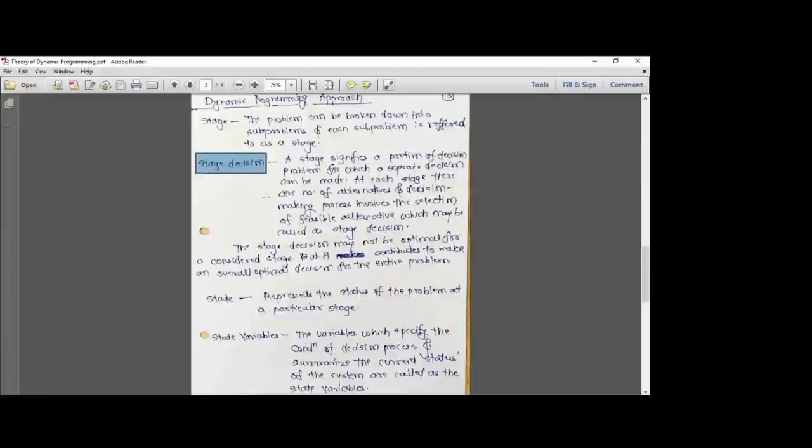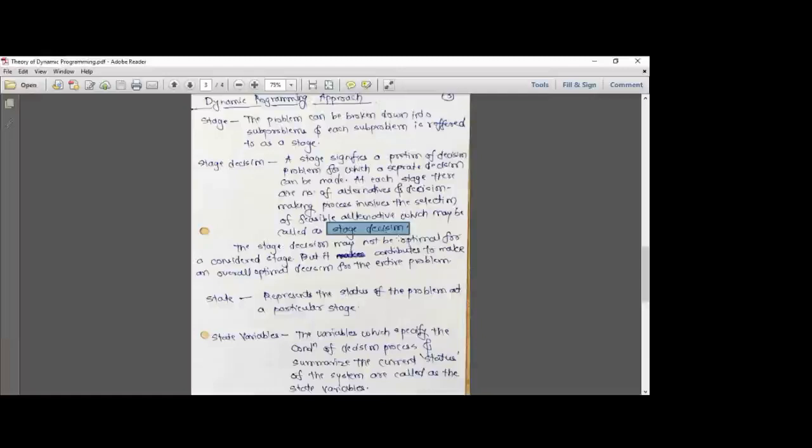Stage signifies a portion of a decision problem for which a separate decision can be made. At each stage, there are a number of alternatives, and we have to make sure that we are selecting a feasible alternative. Selection of the feasible alternative is nothing but the stage decision.